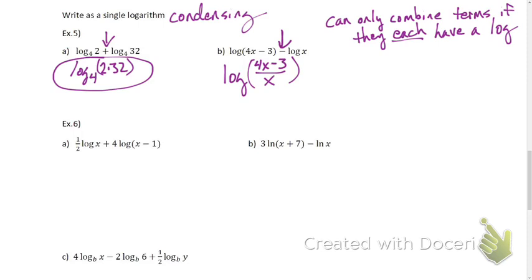All right, number 6, it gets a lot more involved. I see front numbers and I see a plus. Front numbers we want to rewrite as an exponent. And if you can do multiple steps at once, you are welcome to.